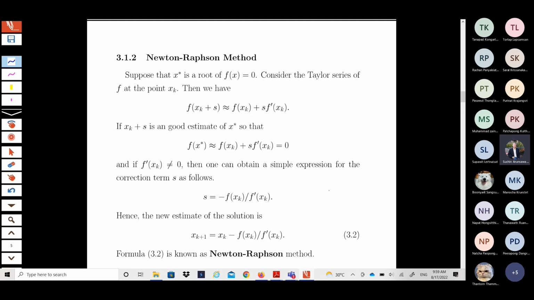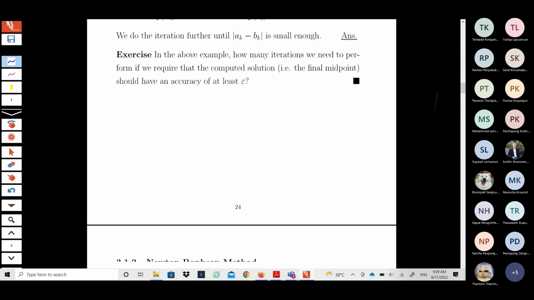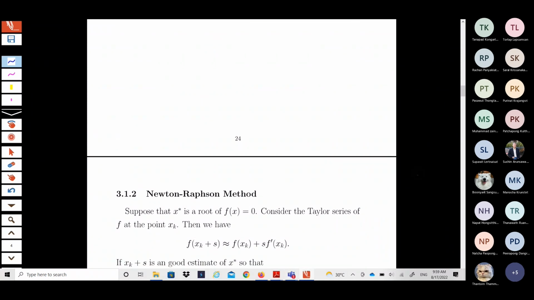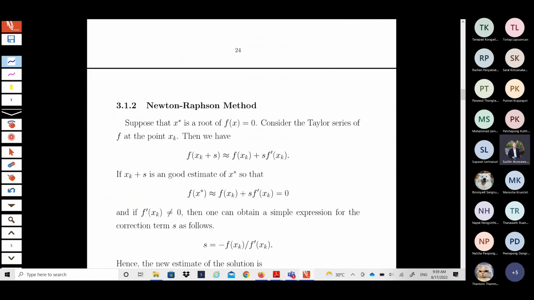Let's begin with how we can develop Newton-Raphson. Here we suppose that x star is a root of the nonlinear equation f(x) equal to 0.